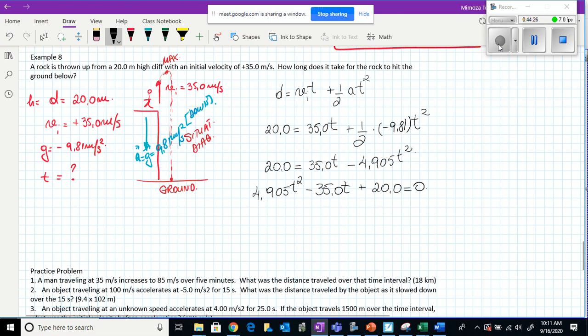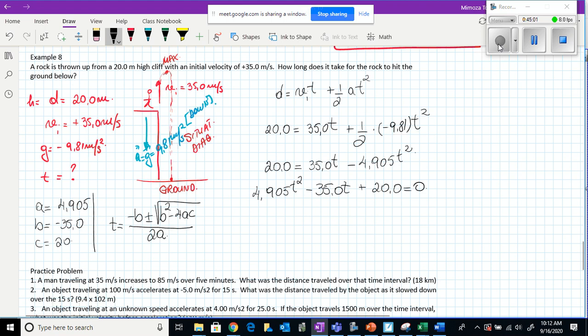And then, using the quadratic formula, you can state that a is equal to 4.905, b is equal to negative 35.0, and c is equal to 20, and use the quadratic formula saying that t will be equal to minus b plus or minus the square root of b squared minus 4ac, over 2a. I'm not expecting you to do this.